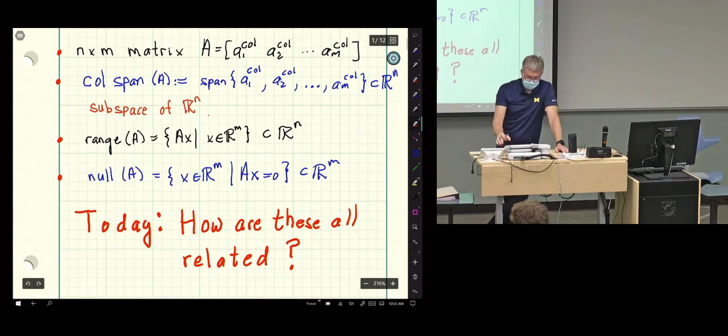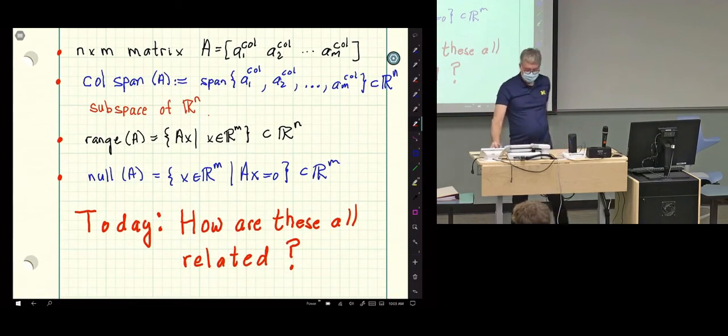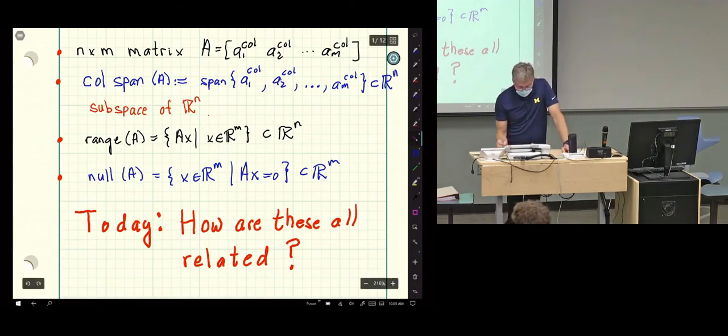We already had an interesting subspace associated with a matrix. We called that the range. So the range was all vectors y in Rn that I can generate as the form A times x.